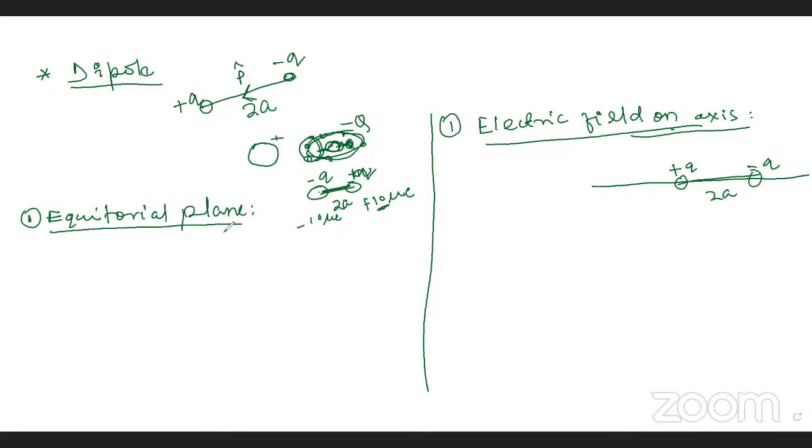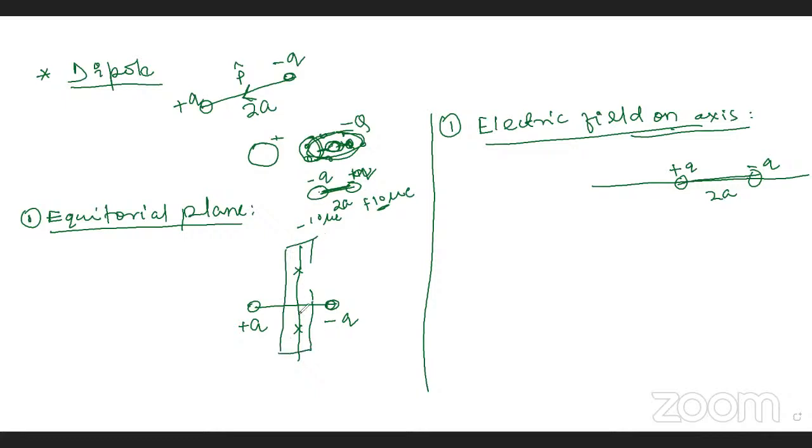So what is the field on the equatorial plane? Equatorial means perpendicular. Suppose these are the two charges, minus q and plus q, forming a dipole, and this is the perpendicular bisector.